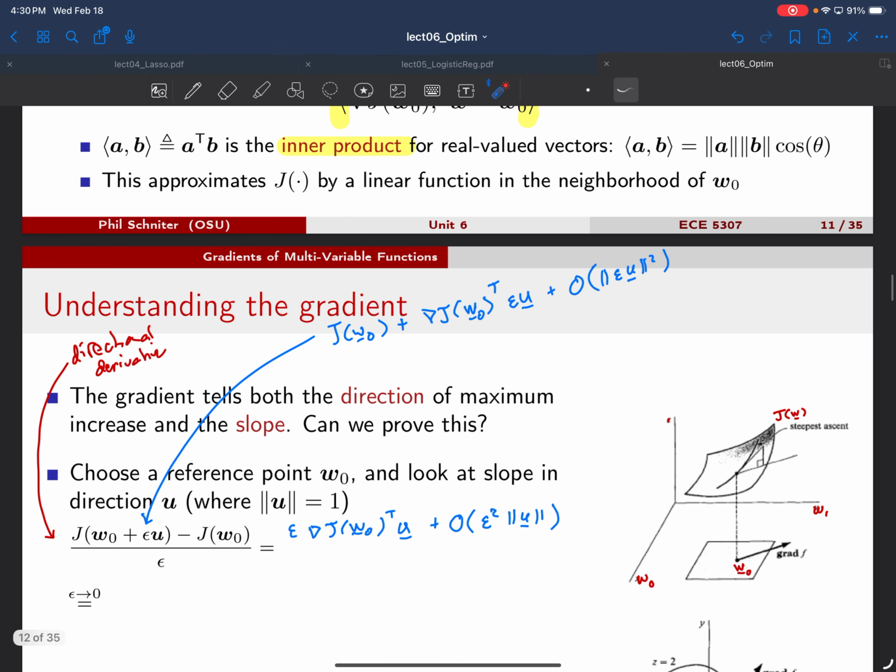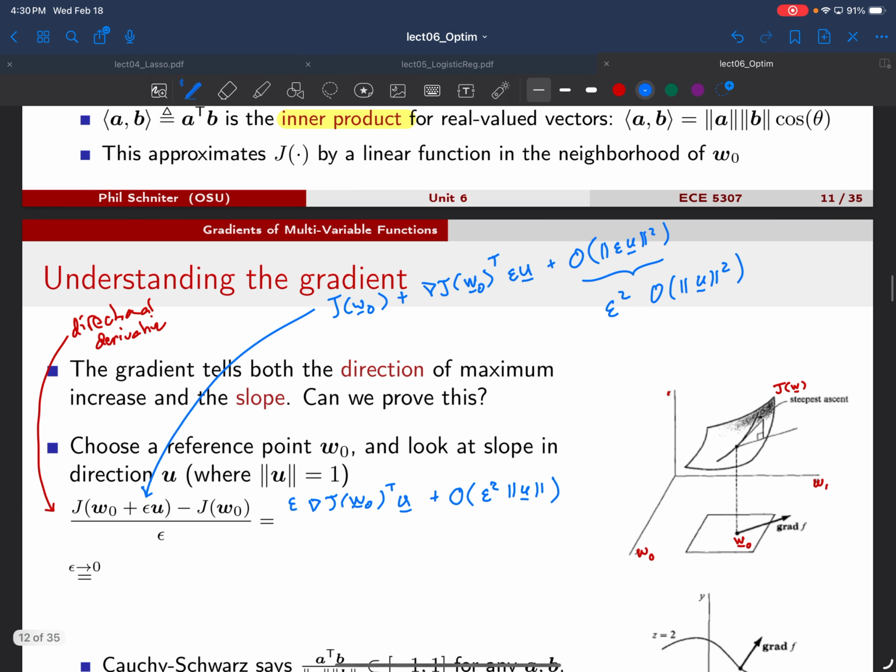In fact, I can go one step further and say this is epsilon squared times order of u squared. Okay, so basically, I got to write the denominator.